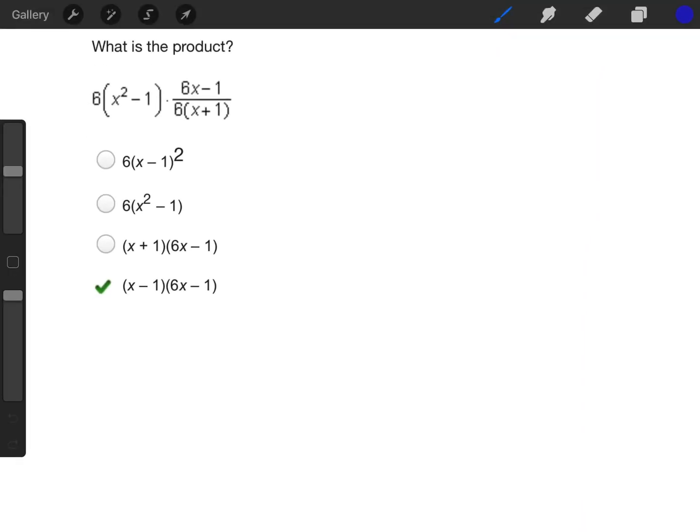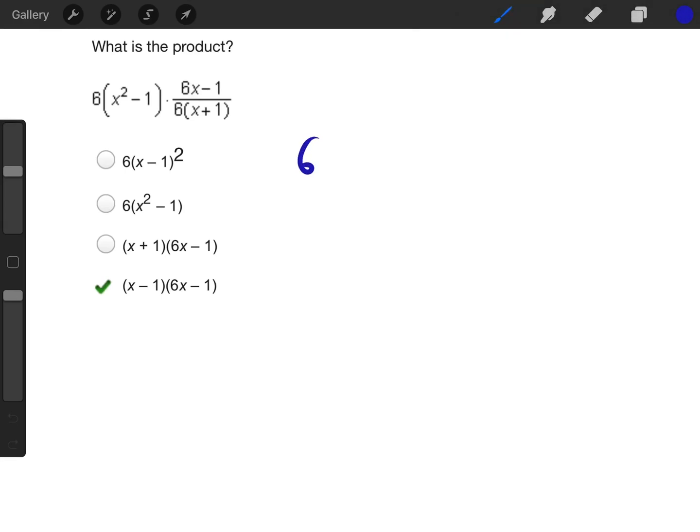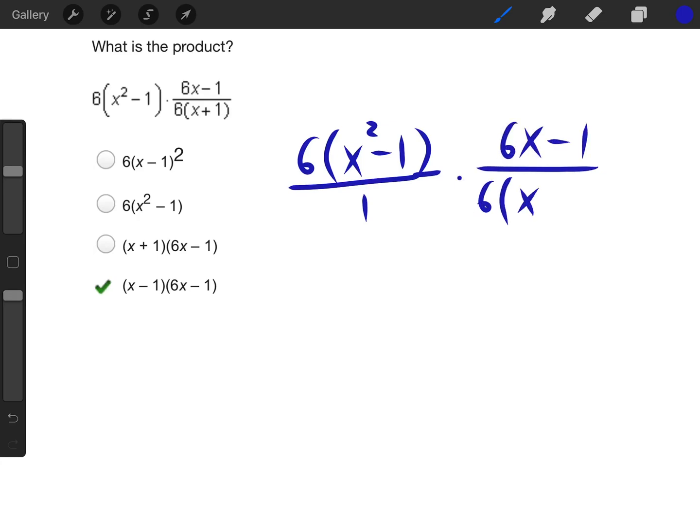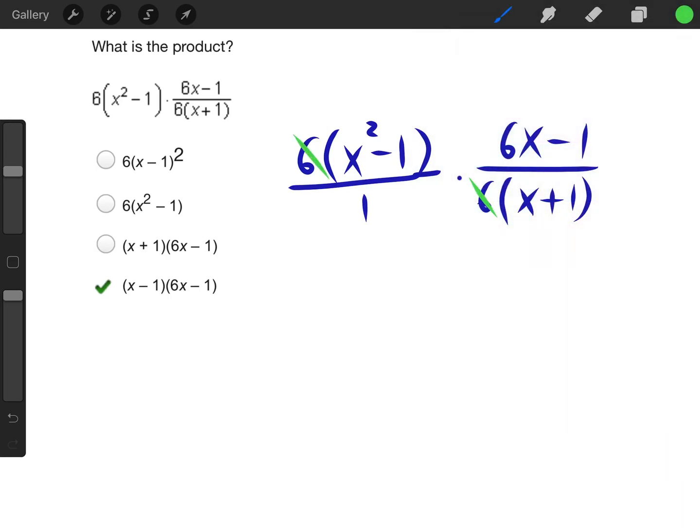Okay, so what is the product here? First of all, let's rewrite 6x squared minus 1 over 1. It's always a good habit to write in fraction form, times 6x minus 1 over 6 times x plus 1. You're able to cancel out the 6 and 6.